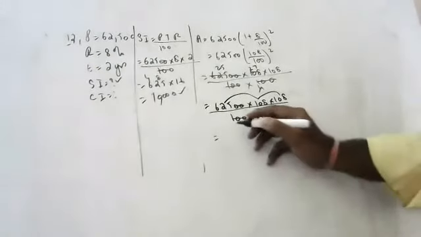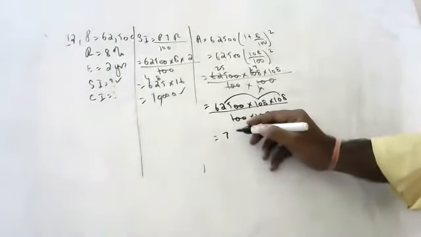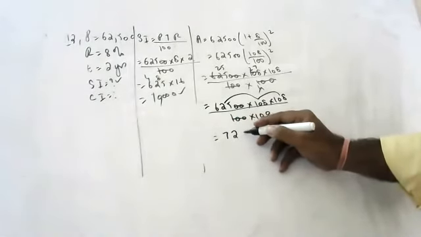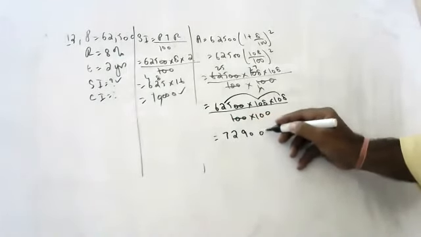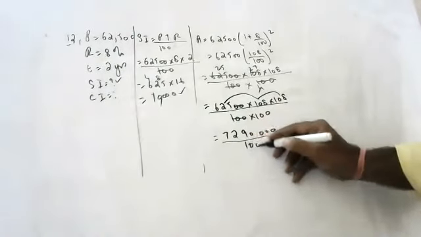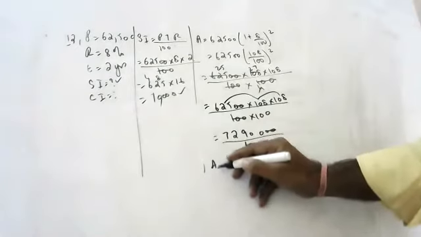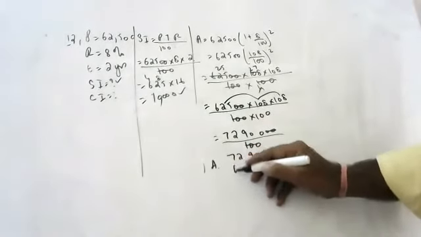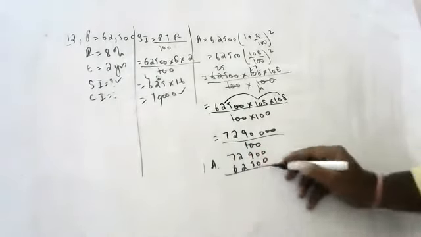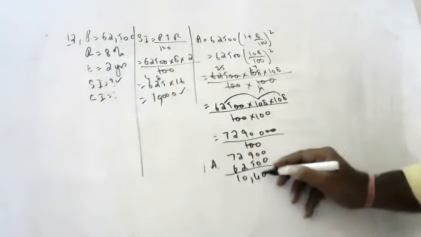Sir, 72 lakhs 90,000, sir. 72 lakhs 90,000 by 100. If this goes, 72,900 is the amount. I want this one, 62,500 subtracted. Then yes, 10,400 is the compound interest.